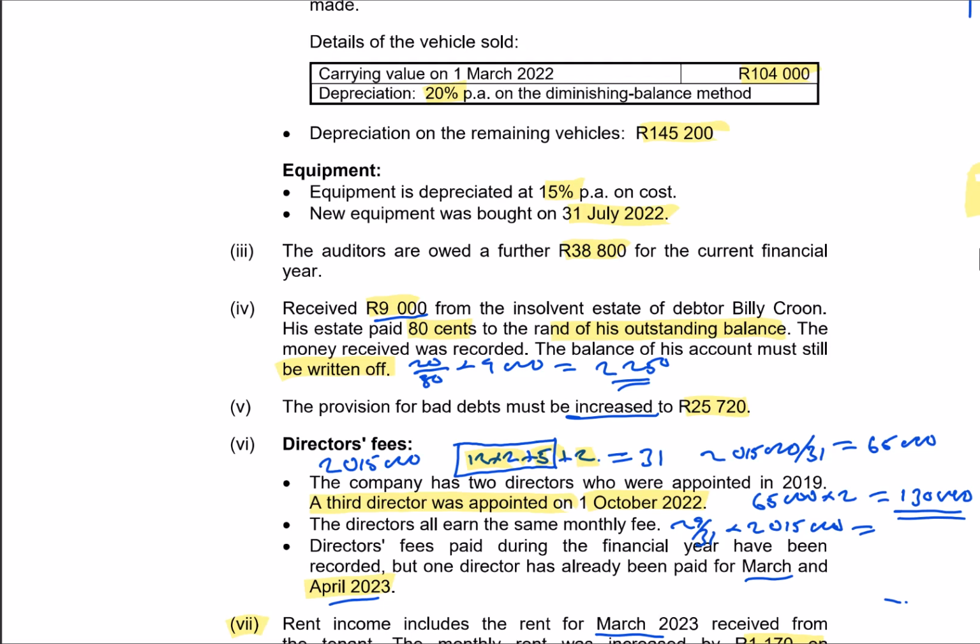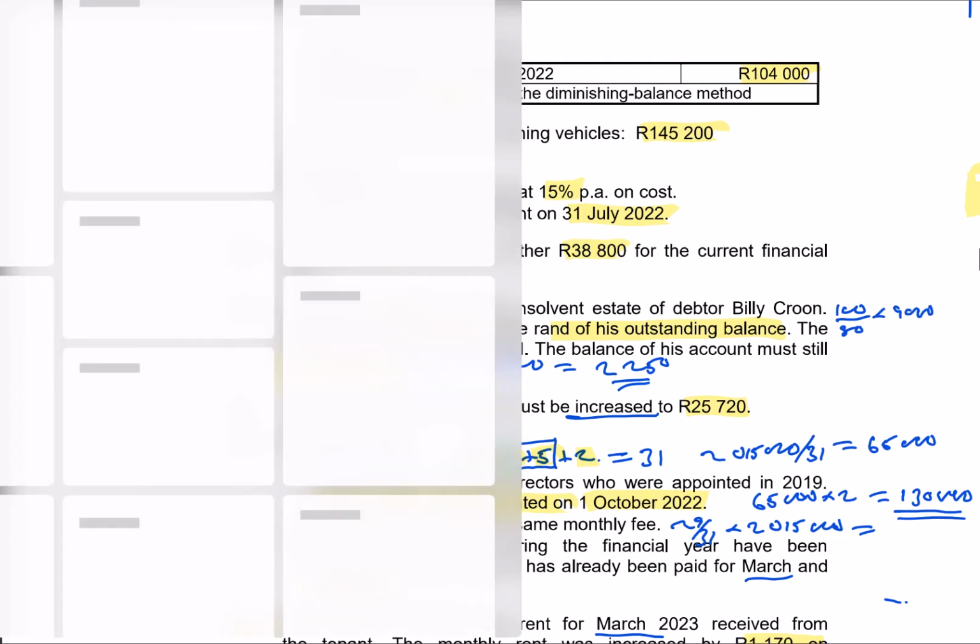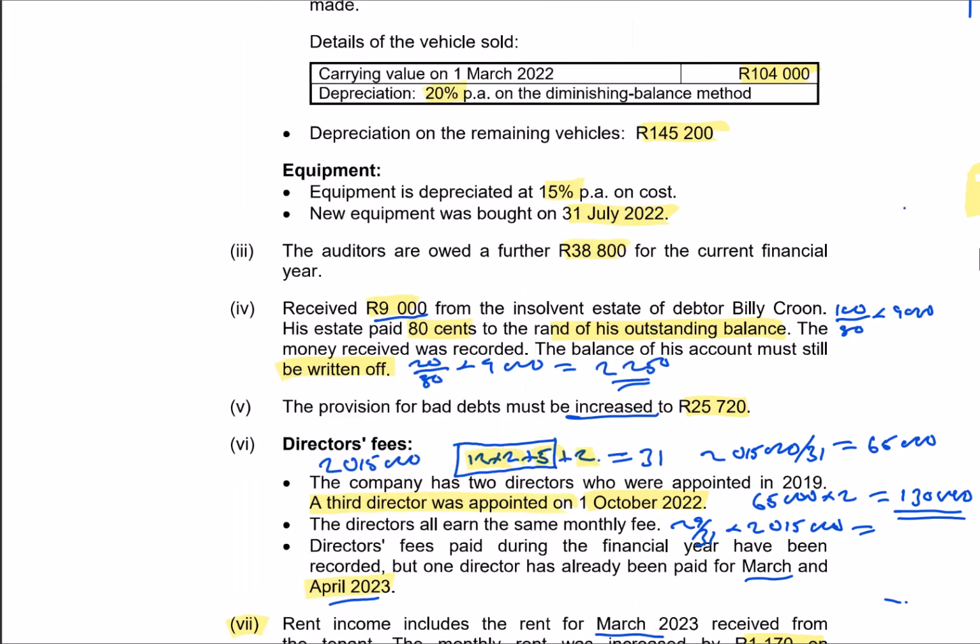Or what you can say is calculate the 100%. That will be 100 over 80 times 9,000. So 100 divided by 80 times 9,000.